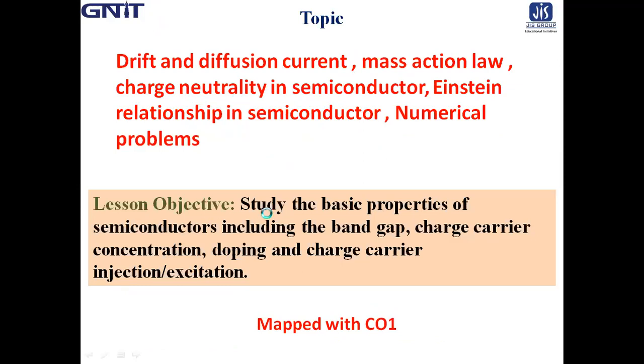The lesson objective is to study the basic properties of semiconductors, including band gap, charge carrier concentration, doping, and charge carrier injection or excitation. This topic is mapped with CO number 1.